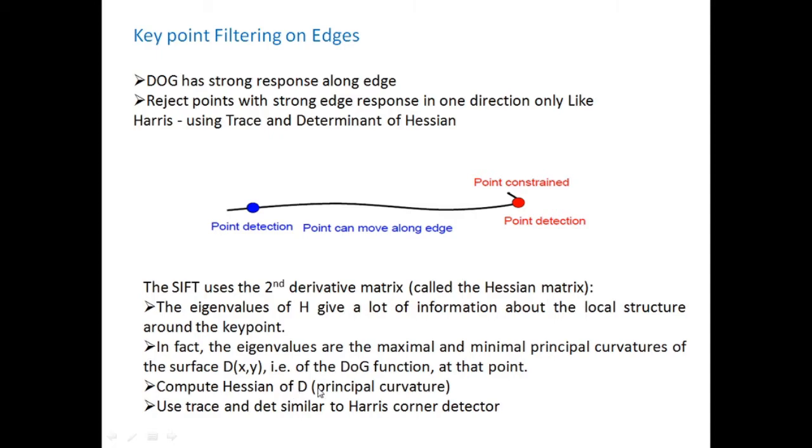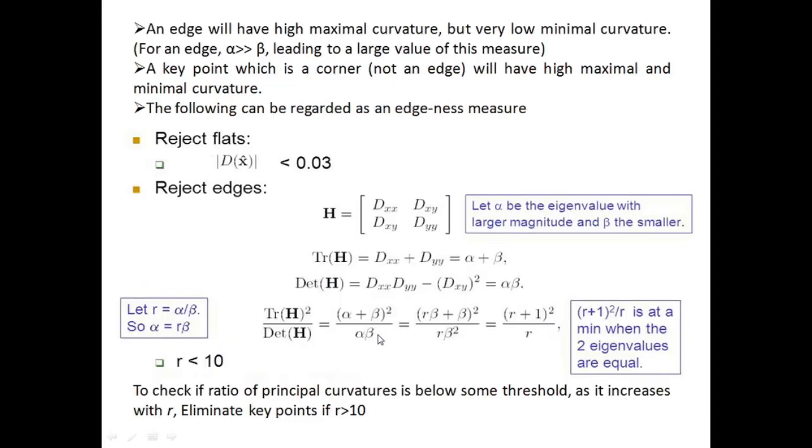Now, computing the Hessian of D, that is the principal curvature, we use trace and determinant, which is very similar to the Harris corner detector. In the previous lecture I explained how to find corner points using the Harris corner detector. Please go through that video once, so that the further explanation will be clearer to you.